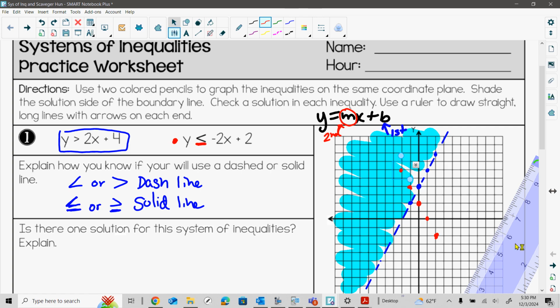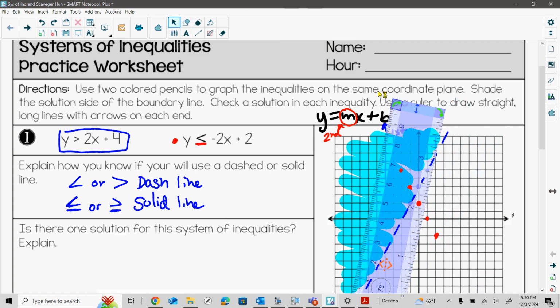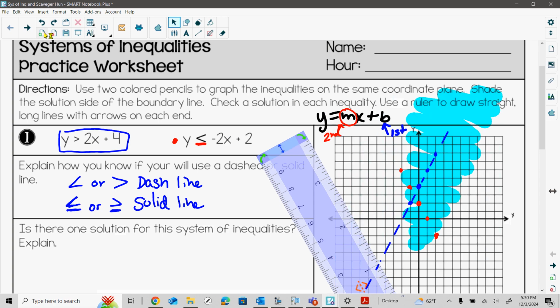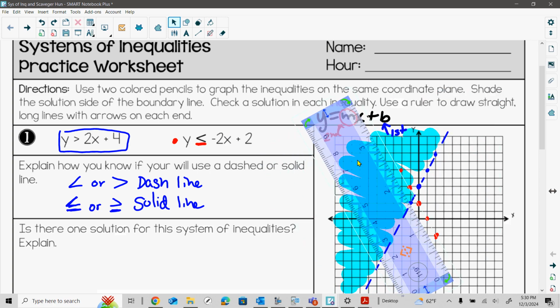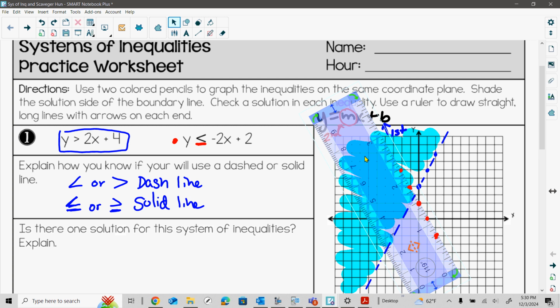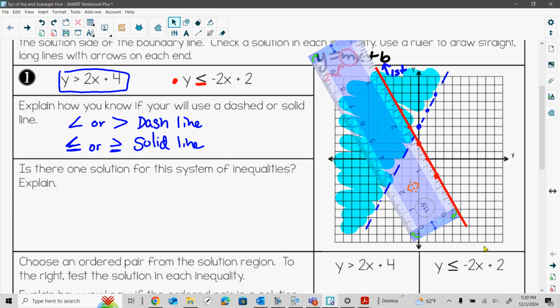So now I'm going to take our ruler, reposition this. We're going to make a solid line. Solid line.